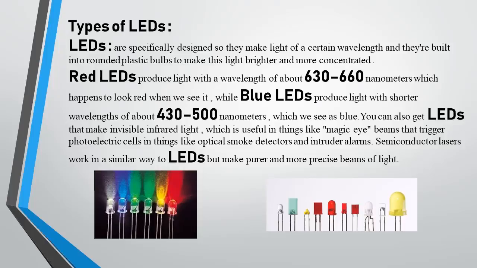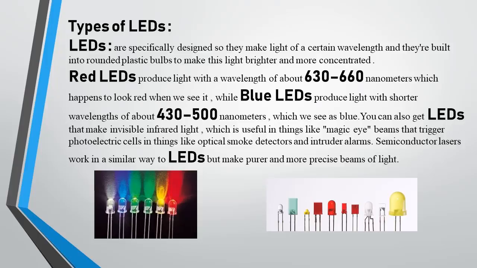Red LEDs produce light with a wavelength of about 630 nanometers, which happens to look red when we see it, while blue LEDs produce light with shorter wavelengths of about 430 to 500 nanometers, which we see as blue.